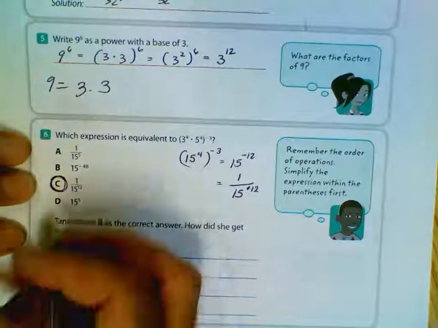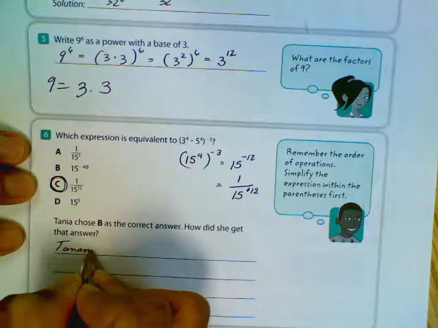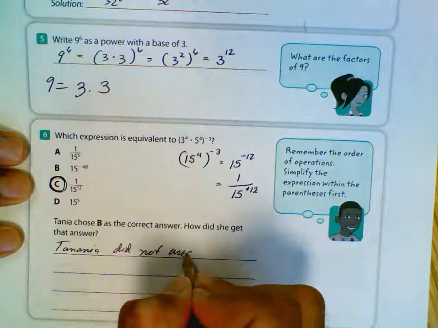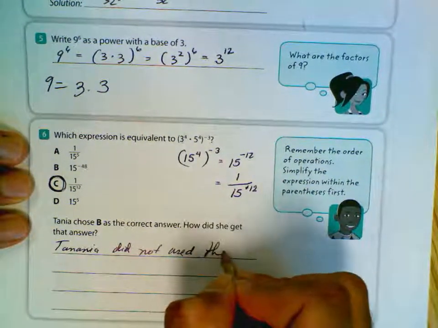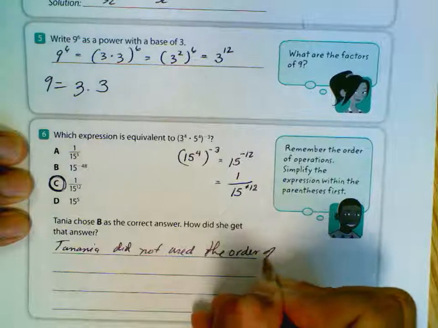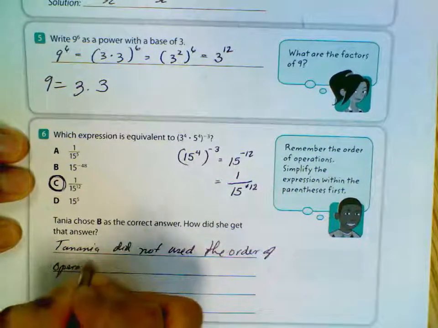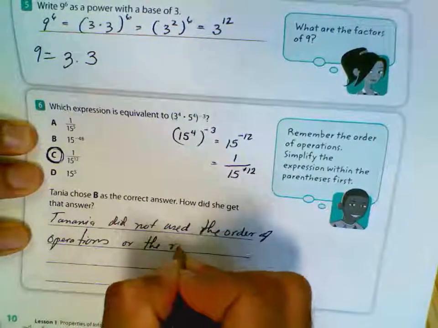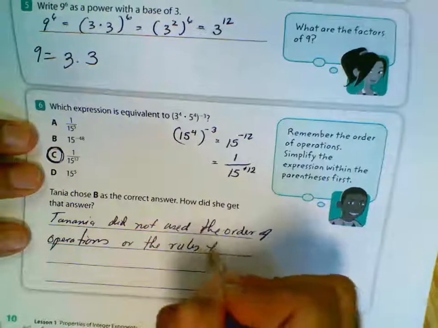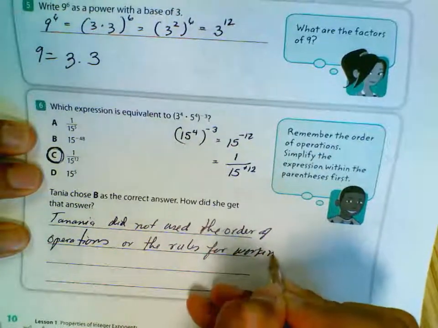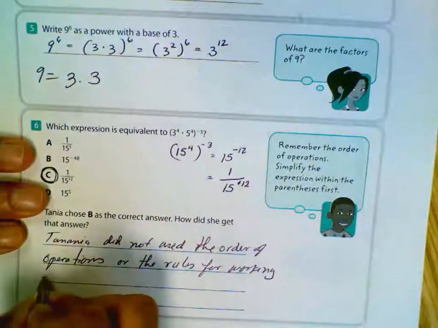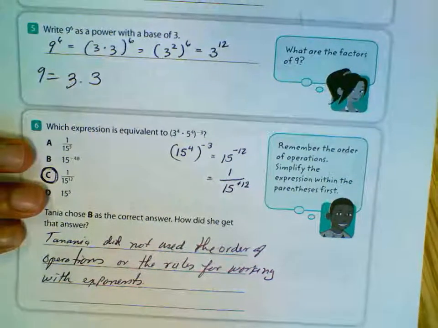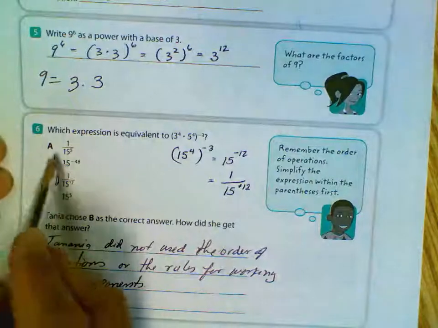So in this case, I can write: Tanya did not use the order of operations or the rules for working with exponents. And then she multiplied the bases, and then she got that answer incorrect.